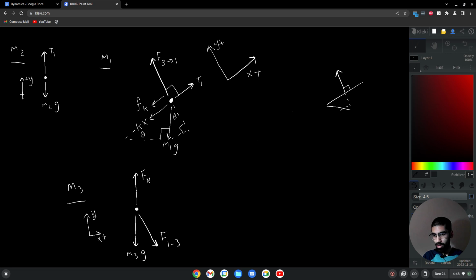X and Y. Let me draw that a little bit more straightly. X is directly horizontal, Y is directly vertical. If we're going to do that, then we need to decompose this vector into its components. We need to find which part of this force is in the horizontal direction and the vertical direction.